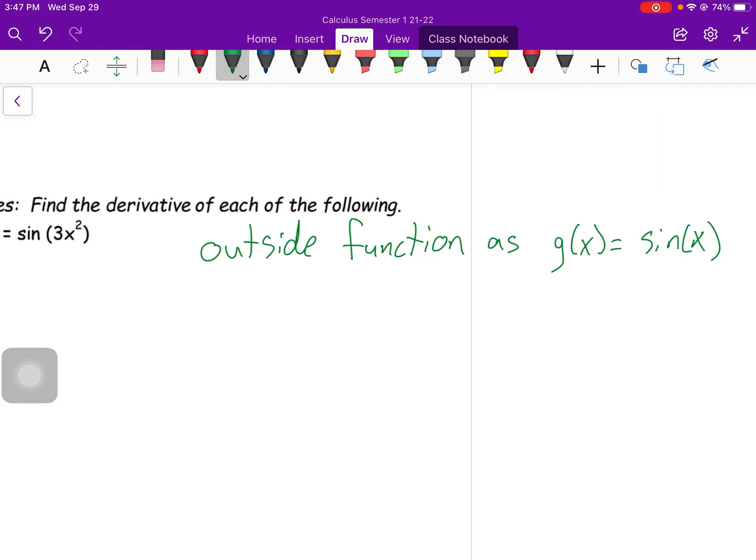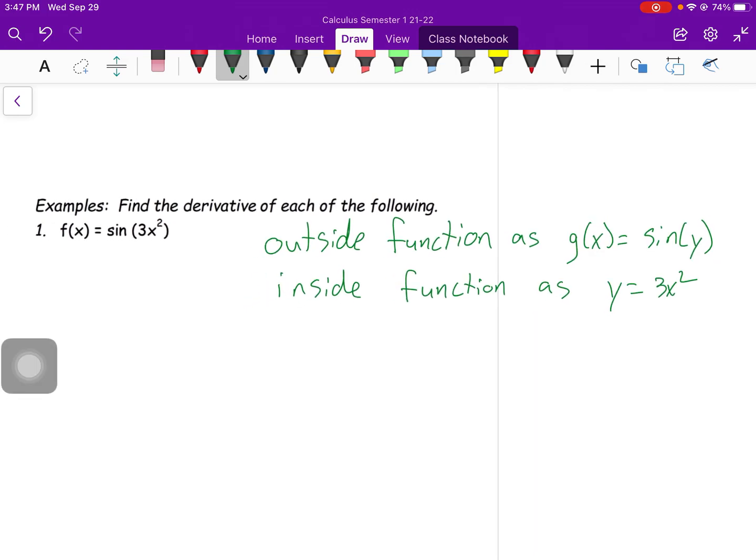And then I'll think of the inside function as y equals 3x squared. I'm going to go back, I'll change that x up here to a y. So f of x is g of x if I replace y with this 3x squared.